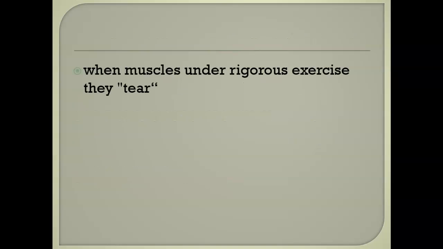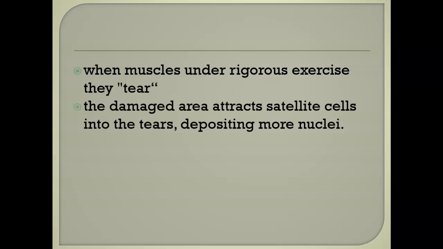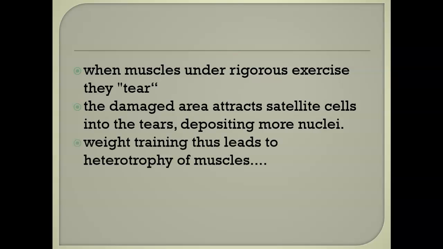So you exercise. That's the word: vigorously. It's not just walking around the mall. You exercise vigorously, and it causes the myosin heads to tear. That damage attracts the satellite cells, and they move into that area and deposit nuclei. Then the nuclei transcribe and translate more myosin.